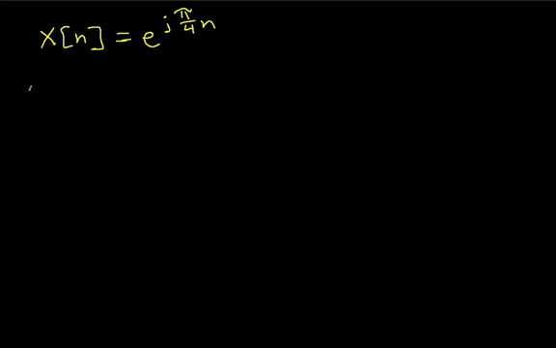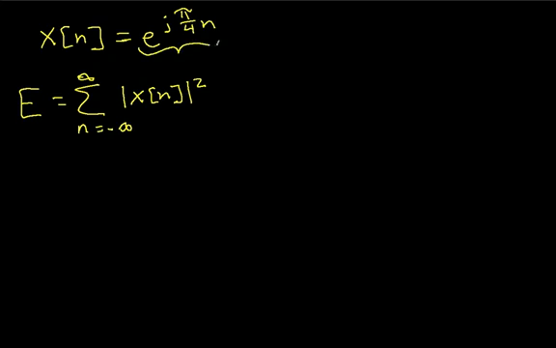Now in order to find the energy, we need to sum from minus infinity to infinity the magnitude squared of x of n. Now it turns out in this case this actually is a complex number, and so the magnitude squared means more than just simply taking x and squaring it.